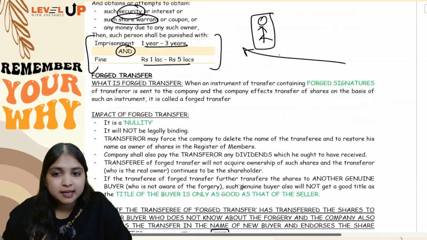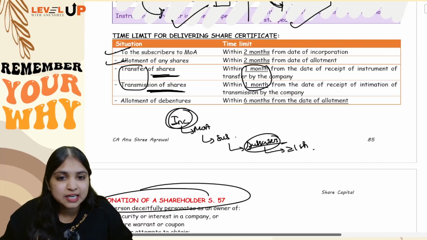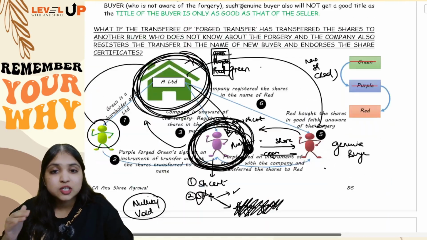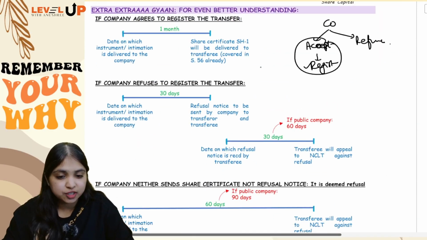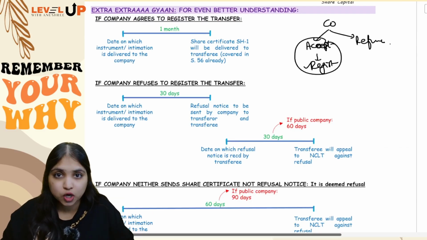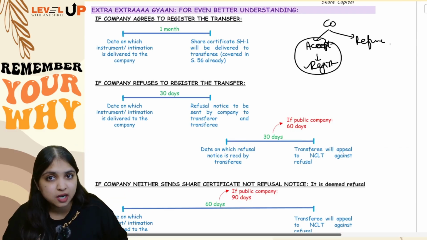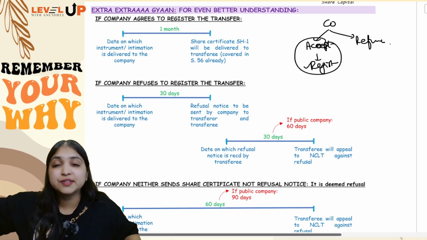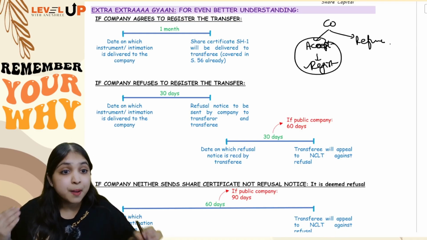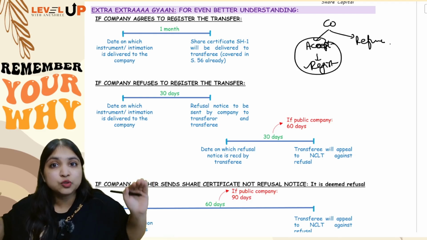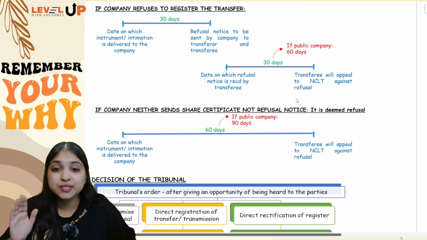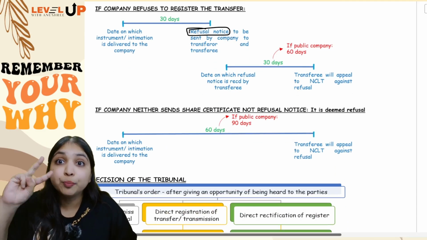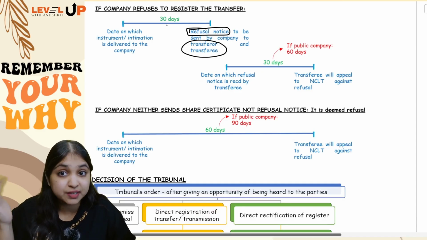If the company accepts the transfer or transmission, the company will send a new share certificate. Remember, in transfer and transmission cases, the company will send the new share certificate within 1 month, to the transferee. But if the company refuses to register the transfer, the company has to send a refusal notice to whom? To both transferor and transferee. Within how much time?